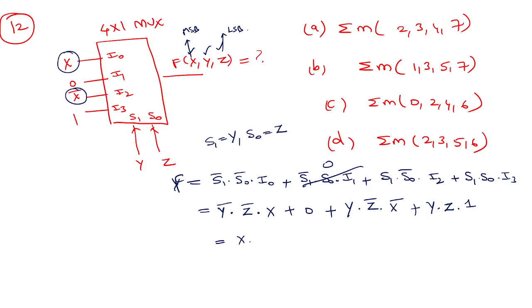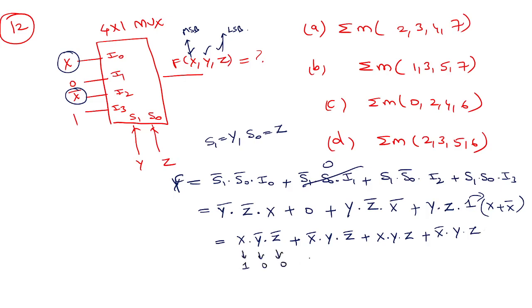So X, Y complement, Z complement plus X bar, Y, Z complement plus. Here there is no X term only, so instead of writing 1, I can write X plus X complement and multiply. I will get X, Y, Z plus X complement, Y and Z. You know how to find the minterm number: uncomplemented form is 1, complemented means 0.